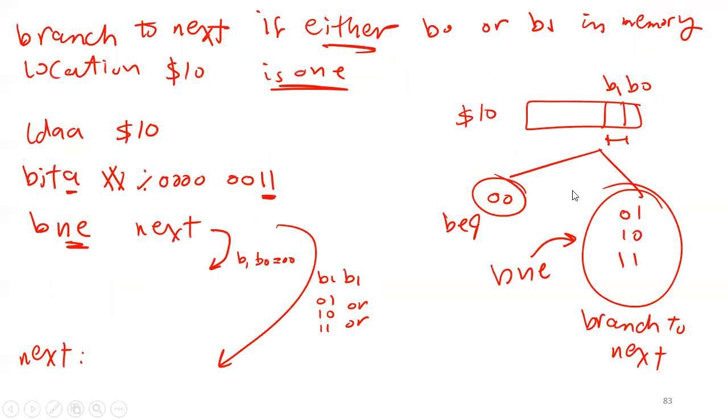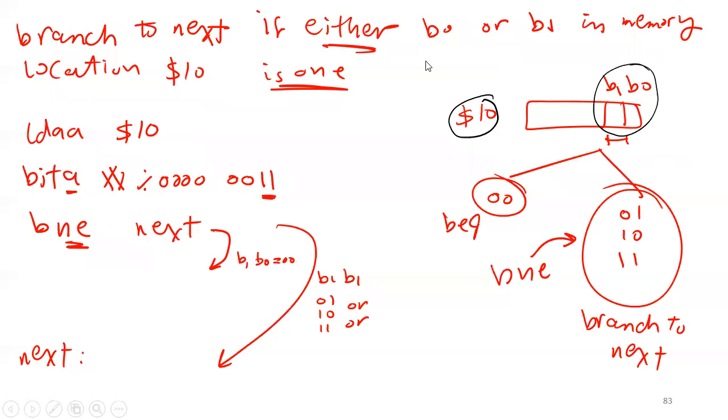Okay. So all I have now is just examples. Let's see this example. Branch to next if either B0 or B1 in memory location number 10 is 1. That means this is byte number 10, and here I want to check these 2 bits.